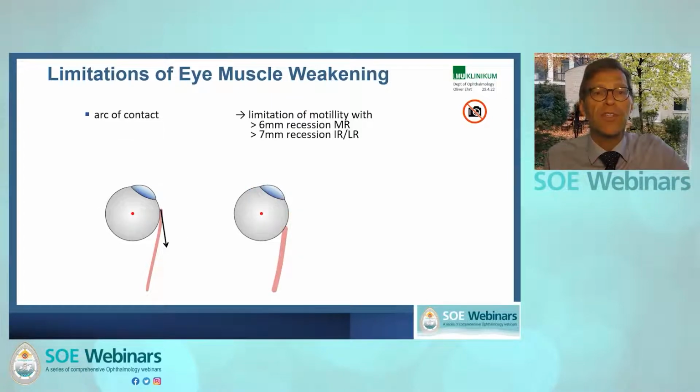Whereas if you have a recessed muscle like here in the middle, once the muscle is in action, the muscle loses contact with the globe, and now the muscle force is no longer tangential to the surface of the globe, and only this part of the force is working to rotate the eye. So you get a limitation of motility the further recessed you have a muscle.